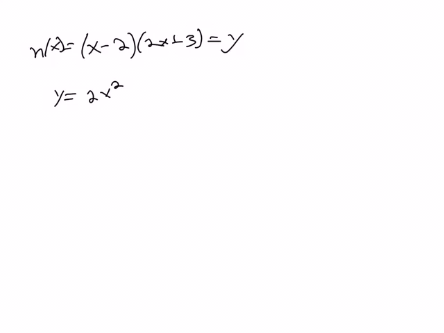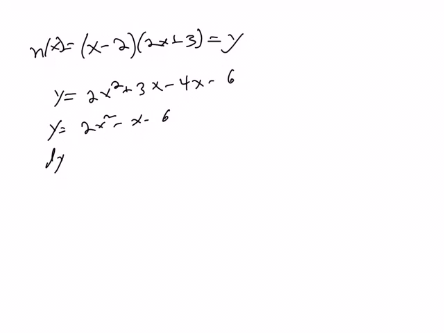Second way we can do this problem, again, is by writing h of x is equal to x minus 2 times 2x plus 3. Let's just make this equal to y. So y is going to equal 2x squared plus 3x minus 4x minus 6, or in other words, y is equal to 2x squared minus x minus 6.